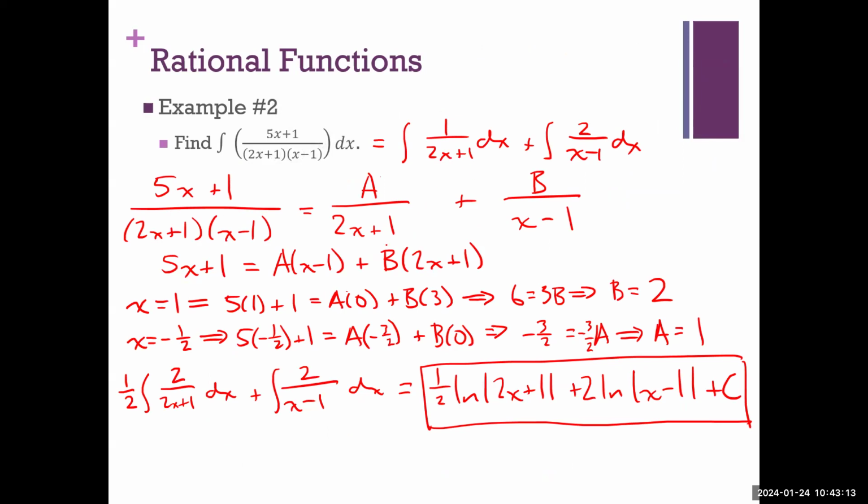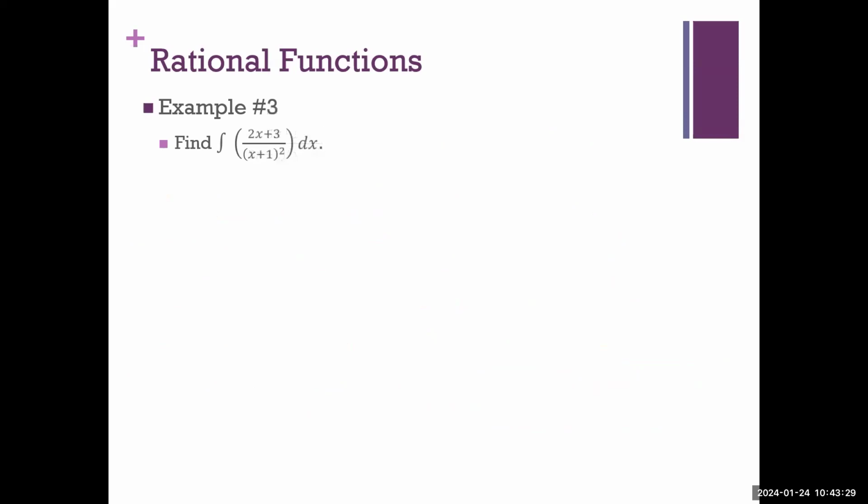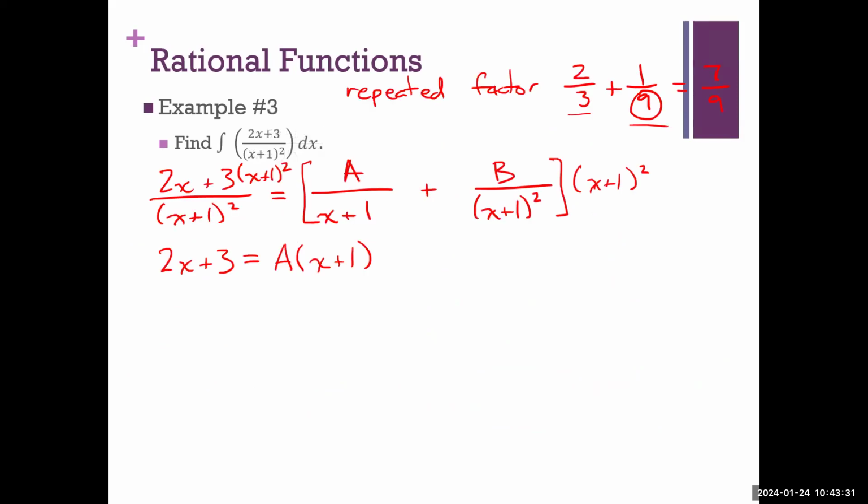Really, the reason that A ends up getting attached to x minus 1 is because the 2x plus 1 canceled out. And similar is true for the B. So the crisscrossing thing is not something that happens all the time. It's all about what cancels.